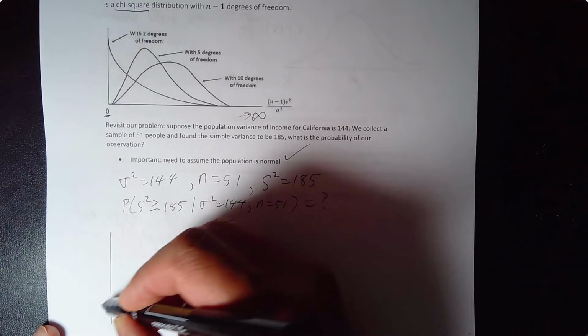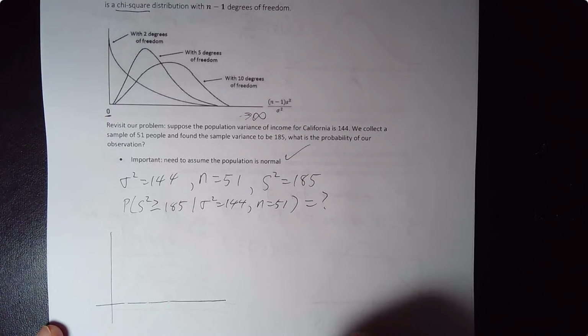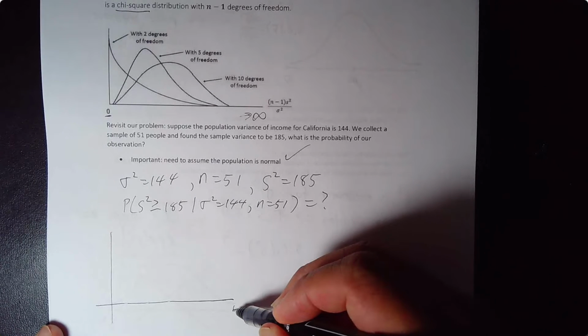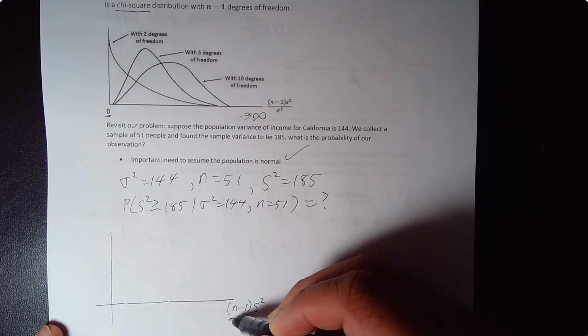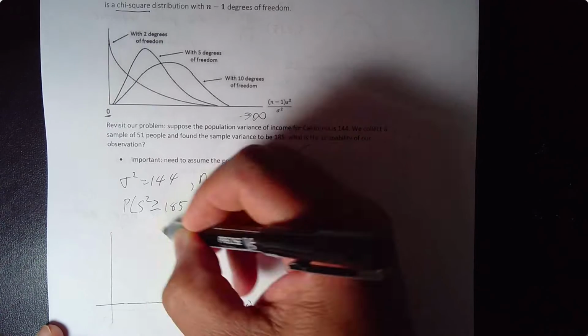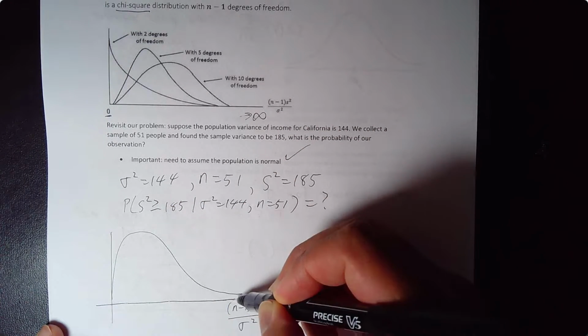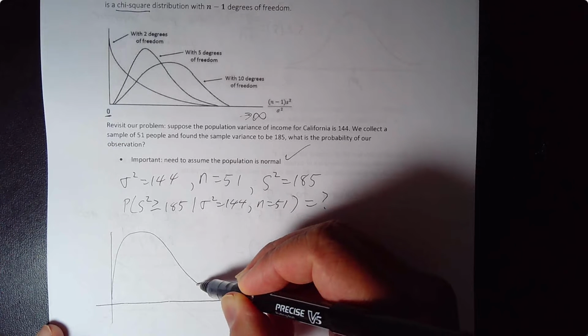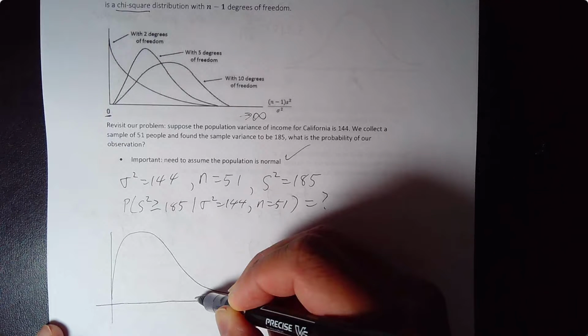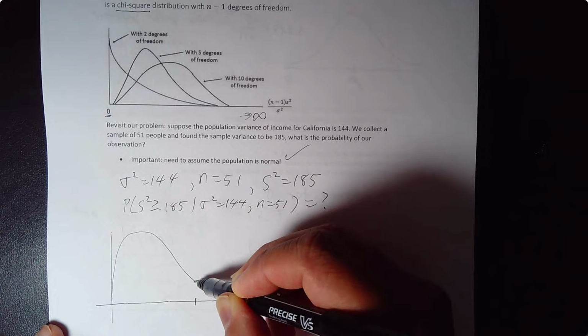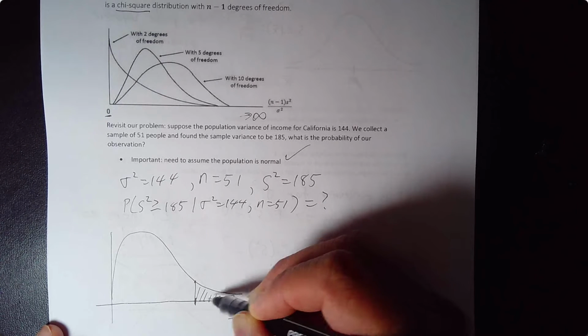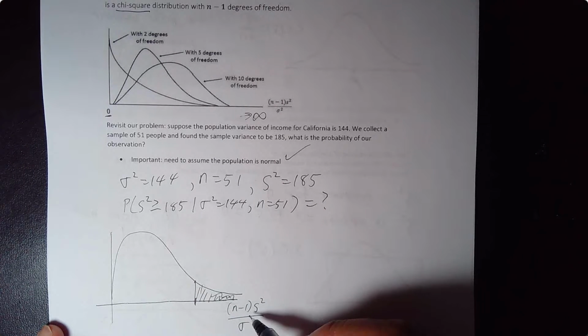We can say, well, I don't know the answer to that question. However, I do know that n minus 1 times s squared over sigma squared is distributed with a chi-square distribution. So if I can find out what this is, then I can find the area, and that will be my probability. So first, let's calculate this.